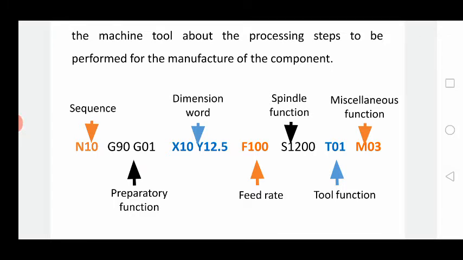The different tools depend upon the operation needed. Last comes M03, that is miscellaneous functions, such as program start and program end. So like this we write the programs, and these are the things in the lines of the program.